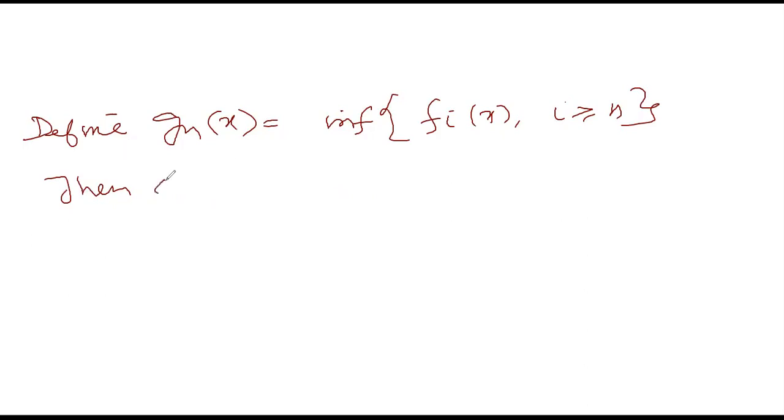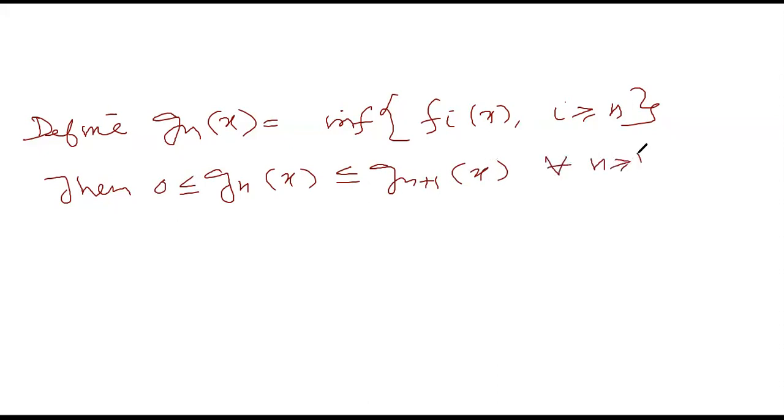Then 0 is less than or equal to g_n(x), and g_n(x) is less than or equal to g_{n+1}(x), for all n greater than or equal to 1 and x belonging to X.